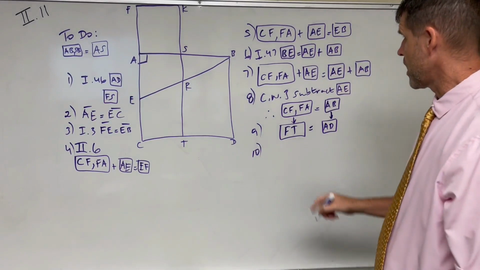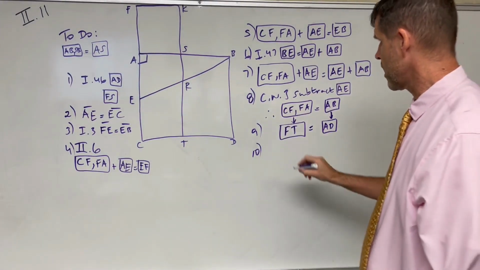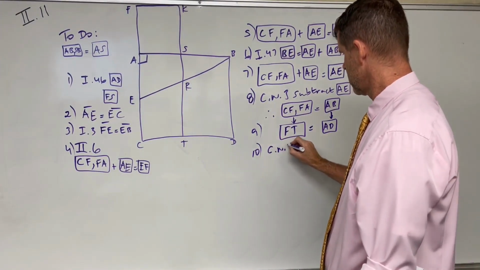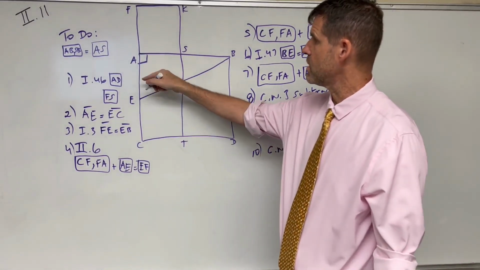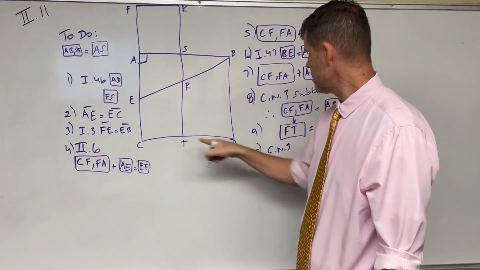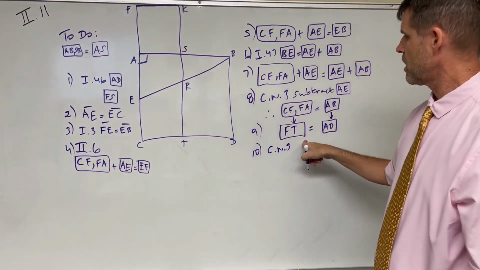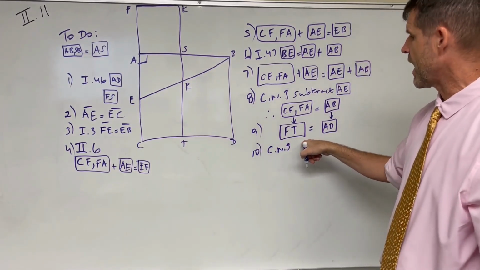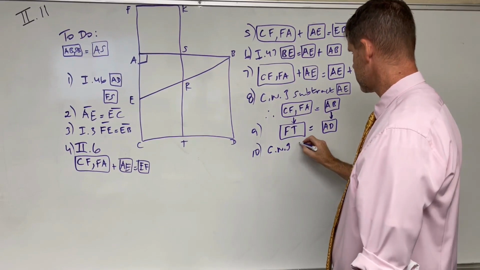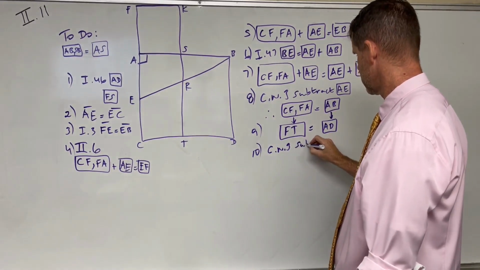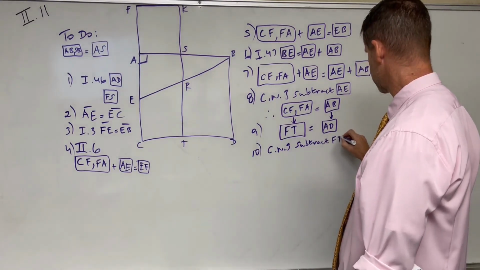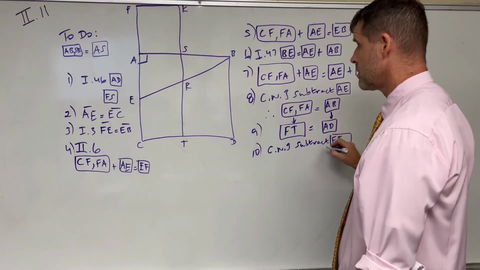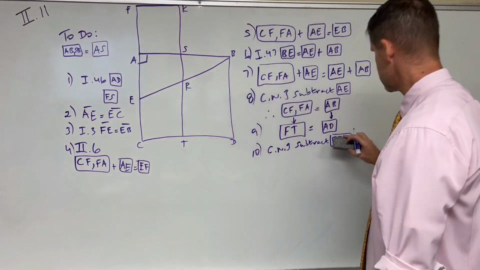Now we're going to utilize common notion number 3 again. Equals subtracted from equals makes equals. I'm going to subtract the figure AT from both sides of our equation in step 9. Subtract figure or rectangle, not FT, AT.